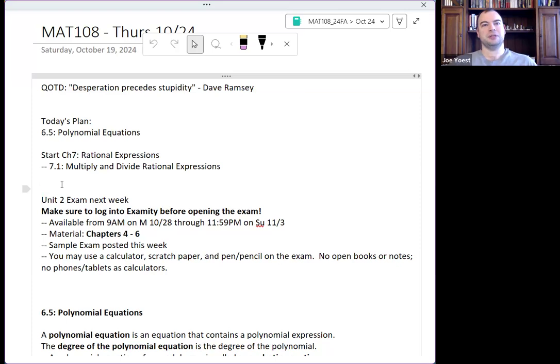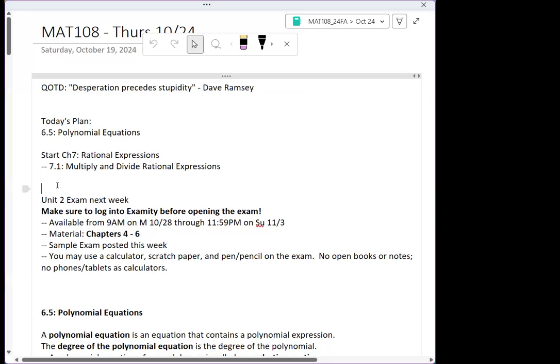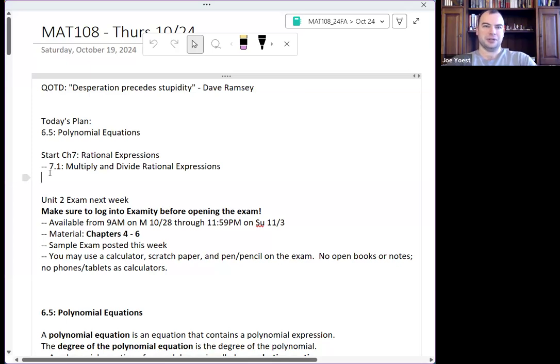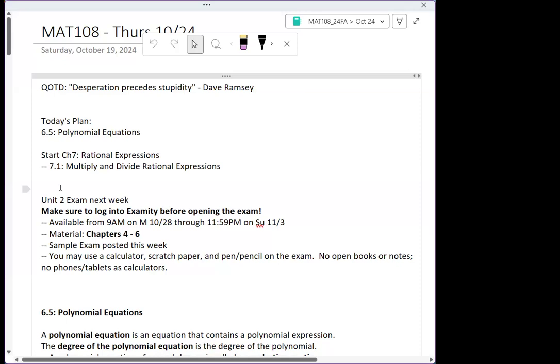So Examity will put the password in for you for the Examity practice exam. Okay. Thank you. Yeah, so basically that password is just there to make sure that the Examity session is up and running and started and everything is working well on the Examity side before you start the exam. Okay. Yeah.